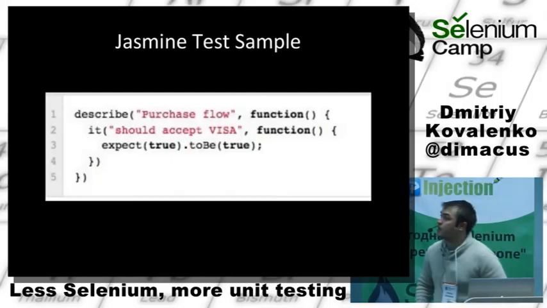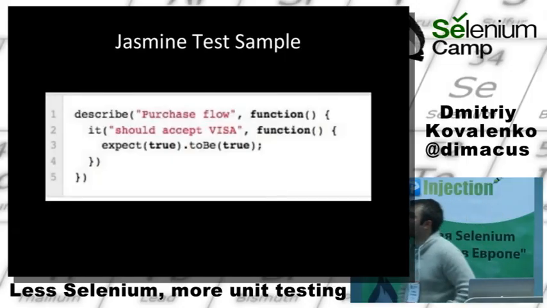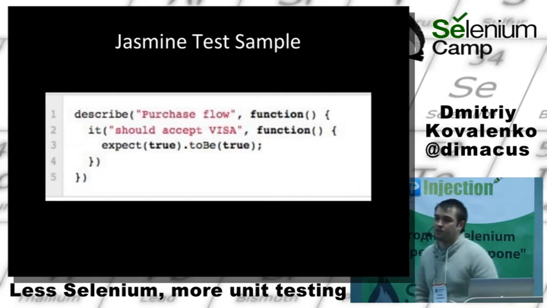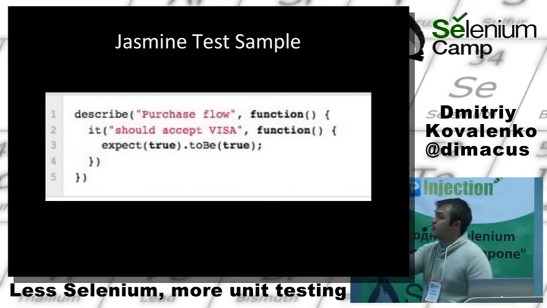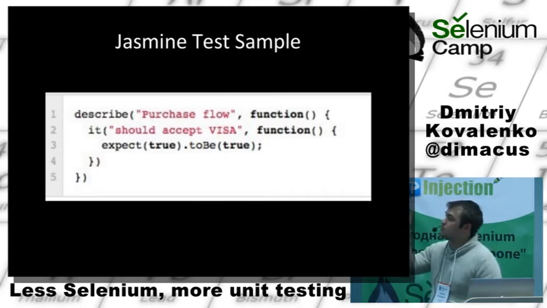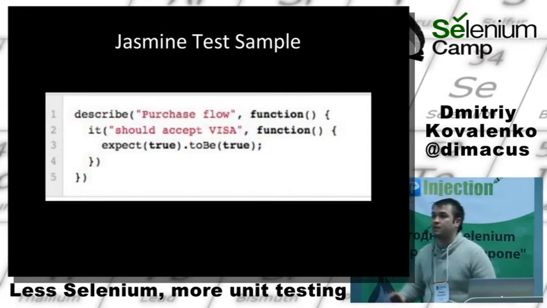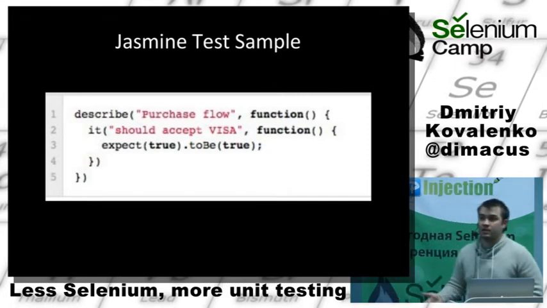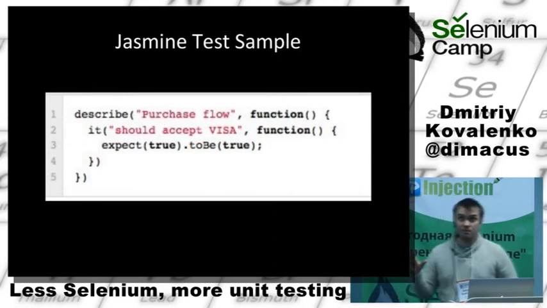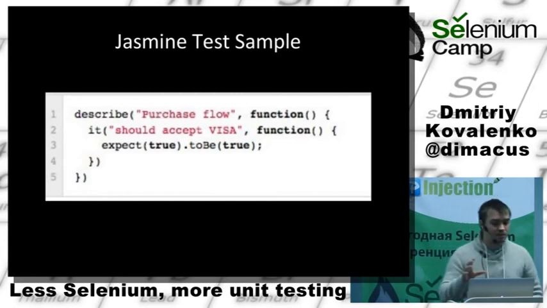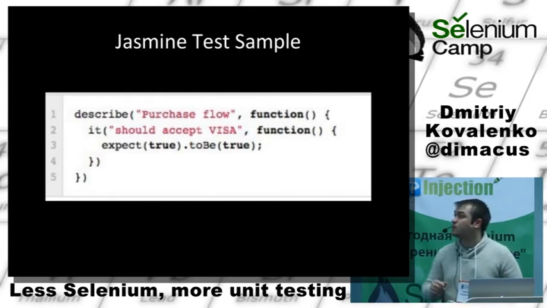And you can write a much cleaner test if you use CoffeeScript. CoffeeScript allows you to get rid of the majority of this stuff and just have describe, purchase flow, arrow, it should accept Visa, and that's it. CoffeeScript is great. If you have not seen it, it's a great little framework for taking a lot of the JavaScript issues and making it a much more readable and much more fun language.